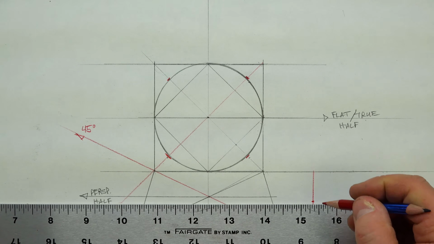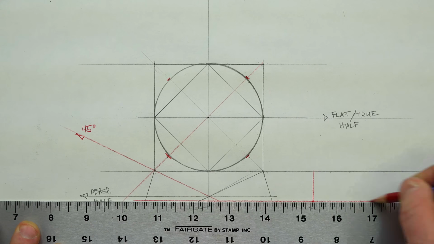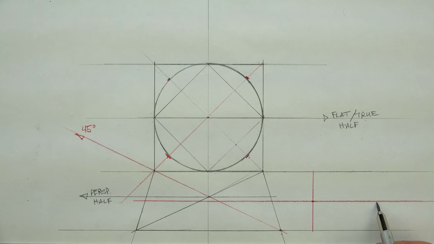Now I'm going to bring that across, and you're going to see that it's a little bit lower. Now watch this. So as I bring that true half or flat half over, I'll label it here so we can see that. So that's the true half of this line, right, which is the length of our square in perspective.